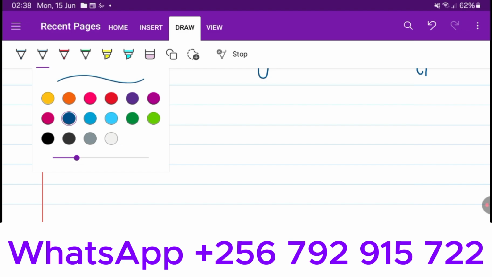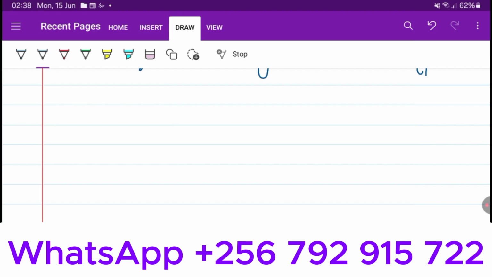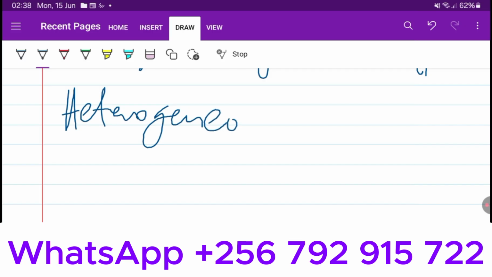Now, the other third point we can talk about is that statistical methods cannot be applied to heterogeneous data.